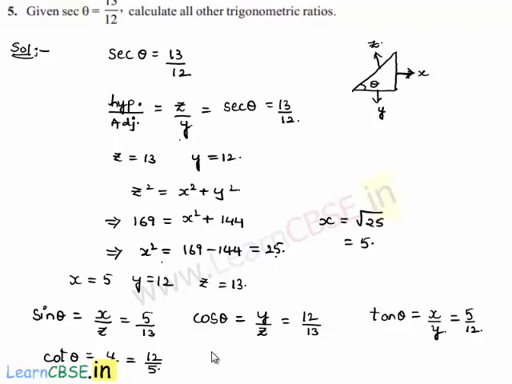And also let us find the value of cosecant theta, which is nothing but the inverse of sine theta. Therefore cosecant theta can be written as 1 by sine theta, which is equal to 1 by 5 by 13, that is 13 by 5.